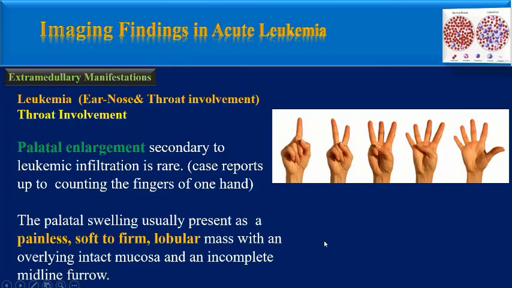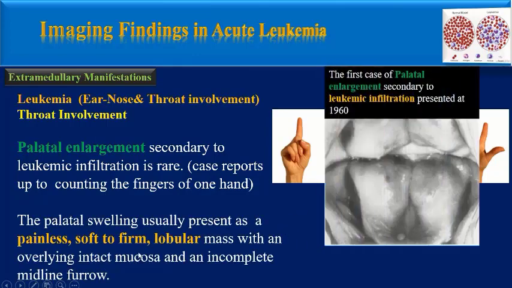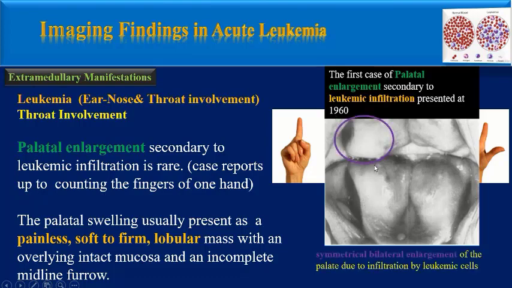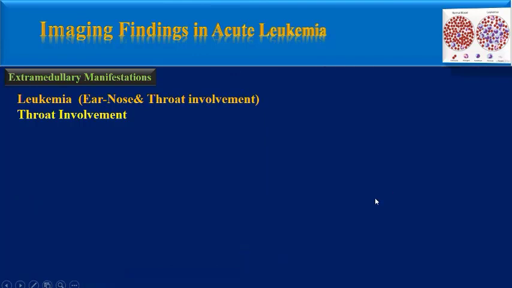The palatal swelling usually presents as a painless, soft to firm lobular mass with an overlying intact mucosa and incomplete midline furrow. This is the first case of palatal enlargement secondary to leukemic infiltration, presented in 1960, which shows symmetrical bilateral enlargement of the palate due to infiltration by leukemic cells.